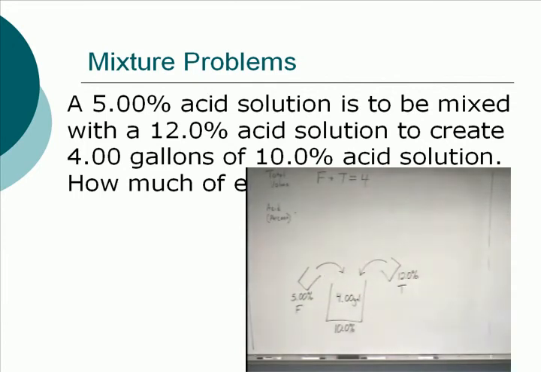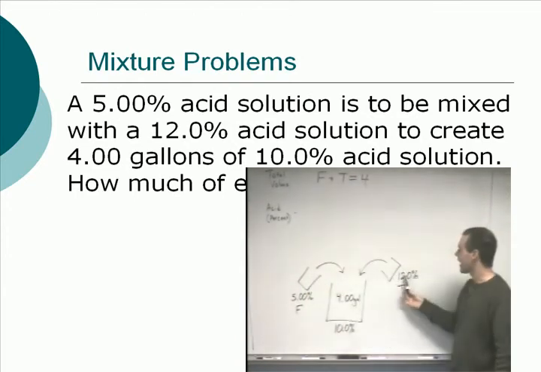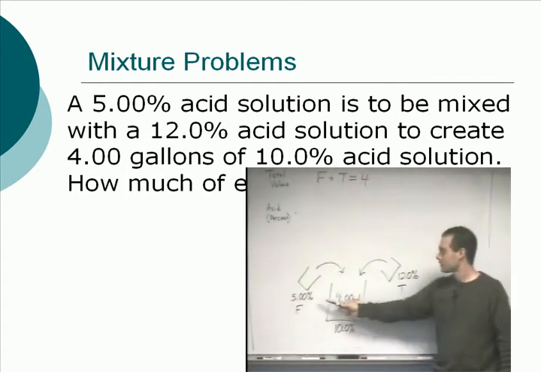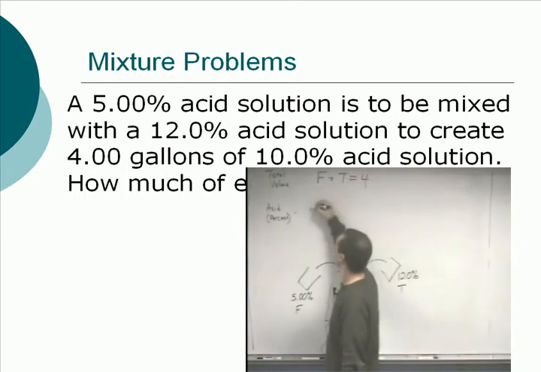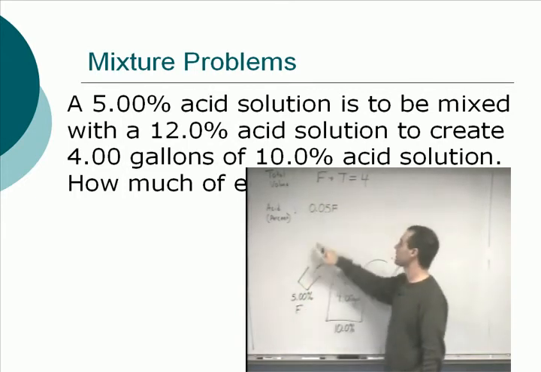The other fact that has to be true: how much acid there is in here plus the amount of acid in here has to equal the amount of acid in here. 0.05 F. 5% of F is acid.